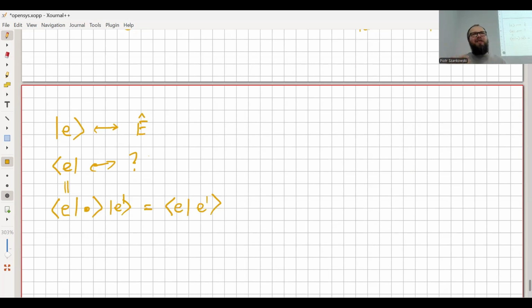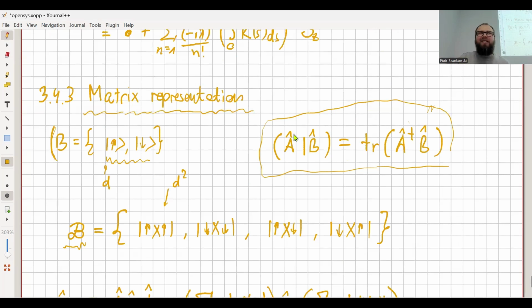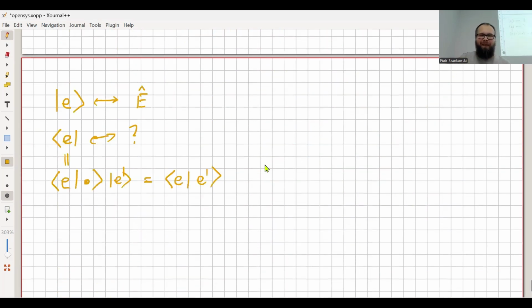So we can do it for our operator space as well, right? So we could write it as E like this, trace E dagger. And this is something we know how to act with on operators.